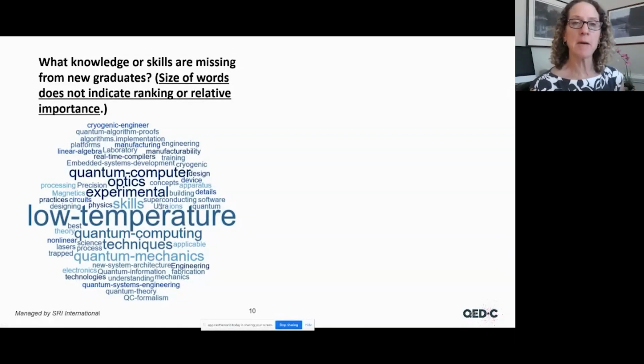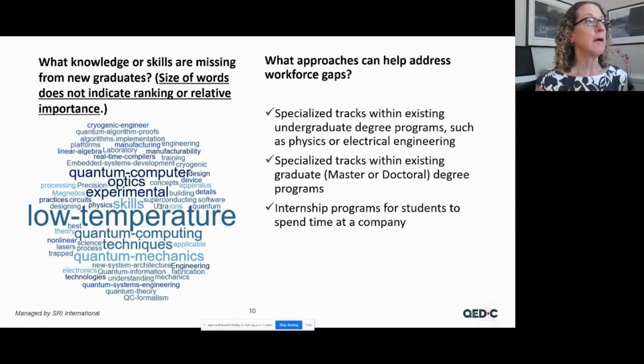And when we ask them, how do you think that it would be best to equip the graduates or students with the skills that you're looking for, they gave these answers primarily. Number one, add specialized tracks to existing undergraduate or graduate programs.